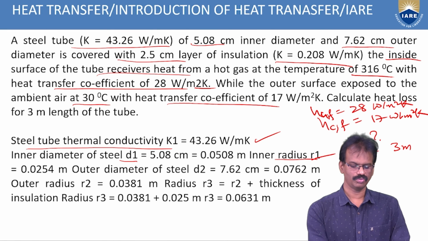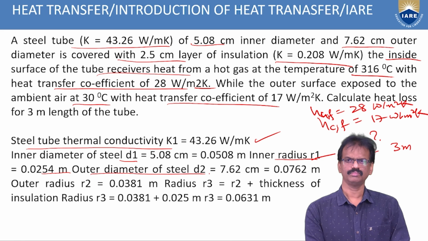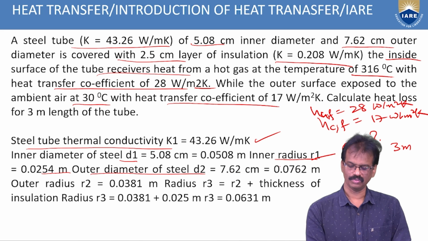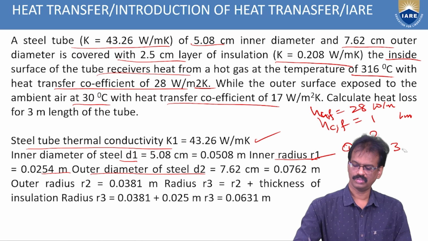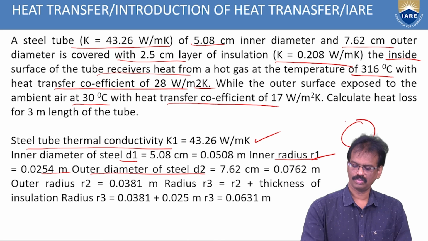Then R1 is equal to 0.025 meter. Next, the outer radius of the steel, this is R1, this is R2, for understanding purposes. It is a hollow steel tube.